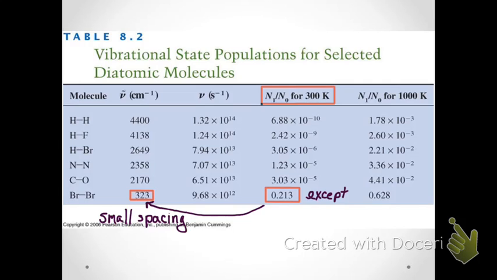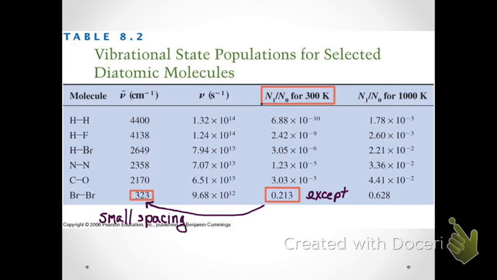There are far more molecules in n equals 1 than for the others, but it's still fewer molecules in n equals 1 than n equals 0. And again, that's due to the degeneracy issue, meaning that all of these levels are non-degenerate.